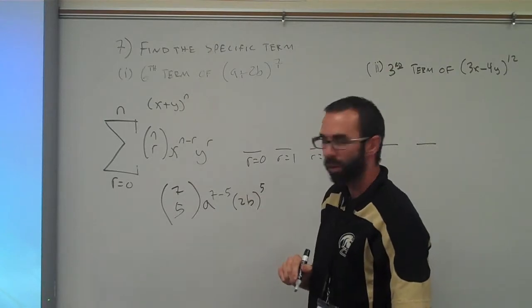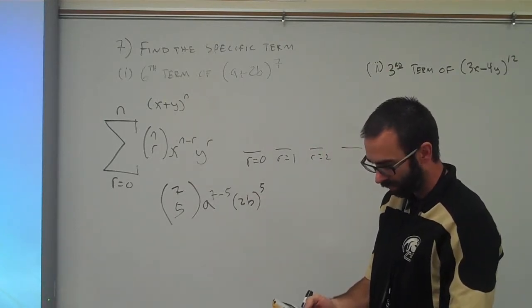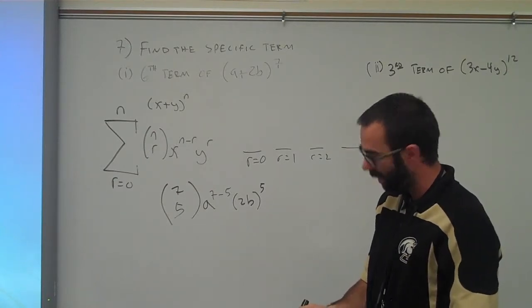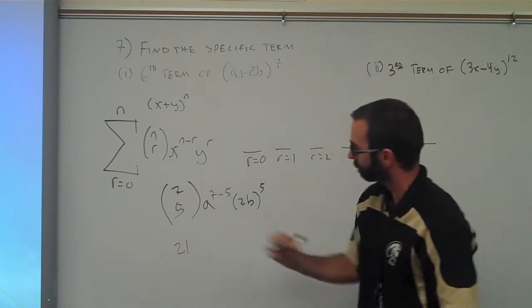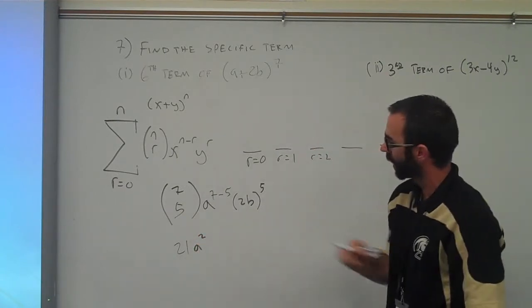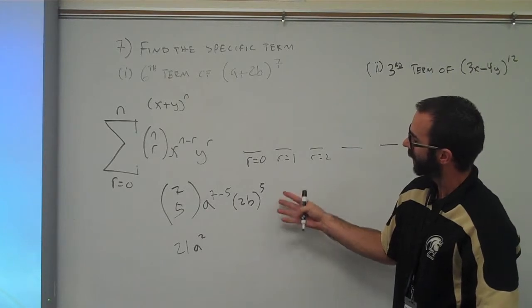So our calculator will calculate 7 choose 5. Press 7, math, scroll over to probability, choose option 3. That alone gives us 21. A to the 7 minus 5 gives us a squared. And then 2 to the 5th: 2, 4, 8, 16, 32.